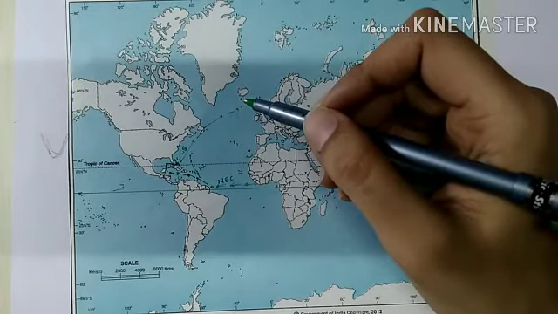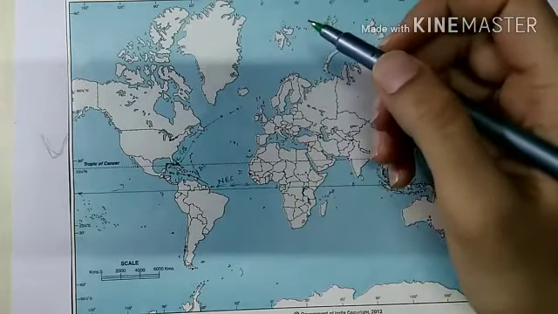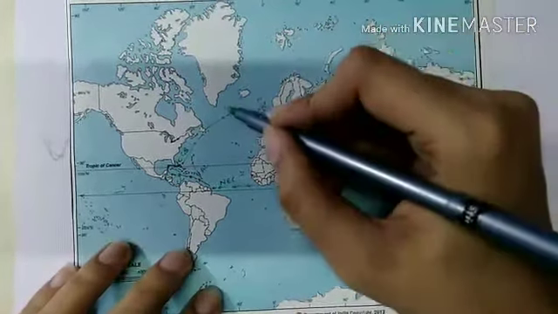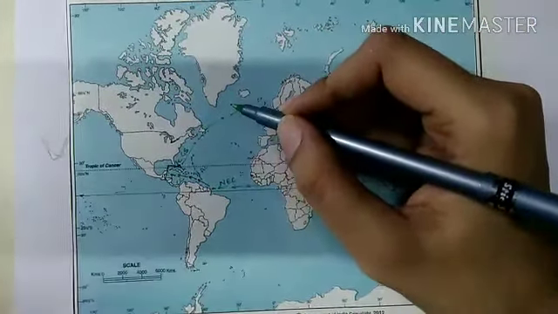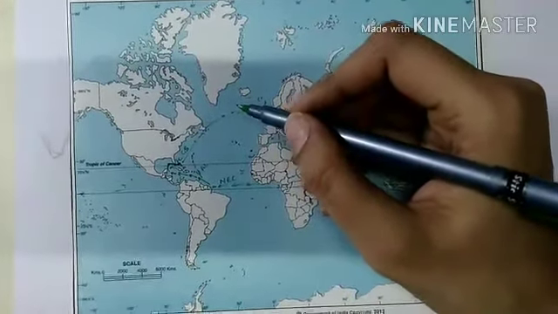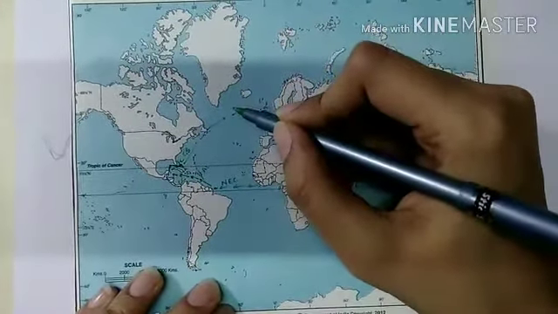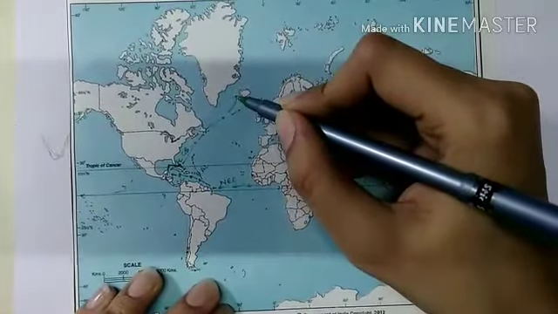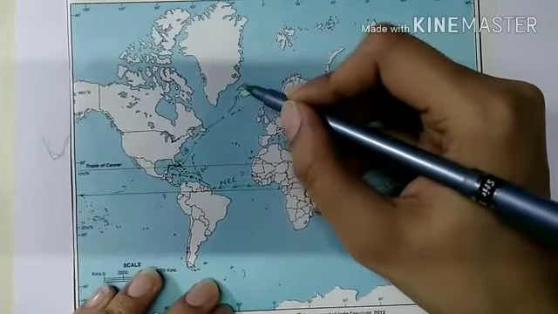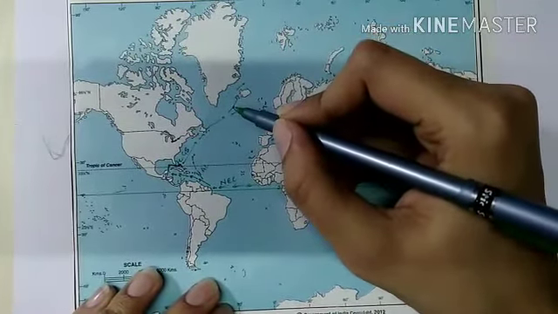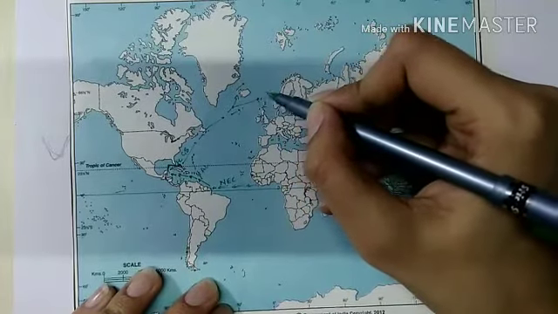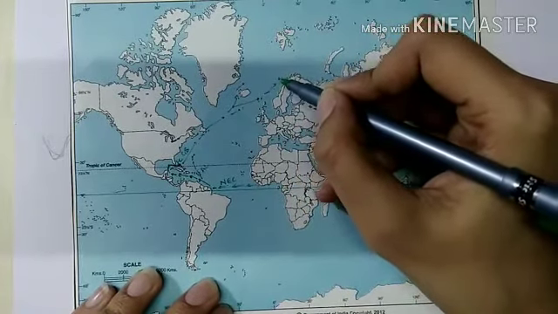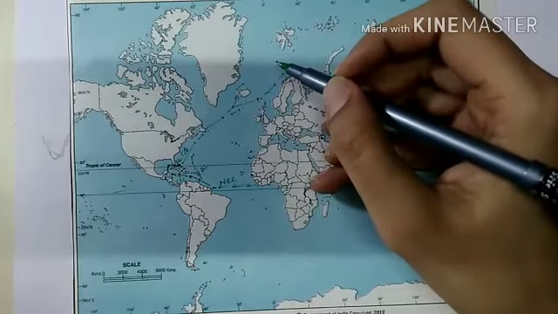So here this is Iceland. This branch is known as Irminger current, while the branch moving in the Norwegian Sea is known as Norwegian current.